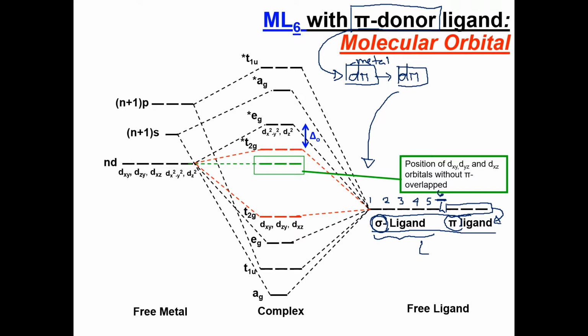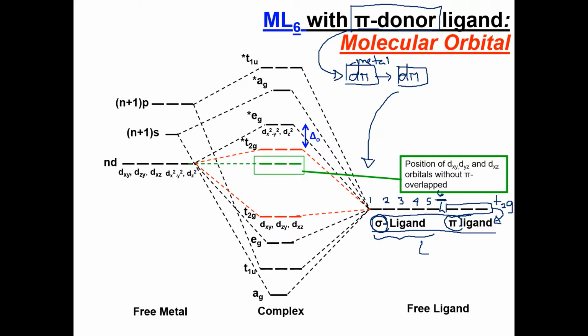So why 3? Because the pi has T2g characteristics, based on the octahedral geometry.